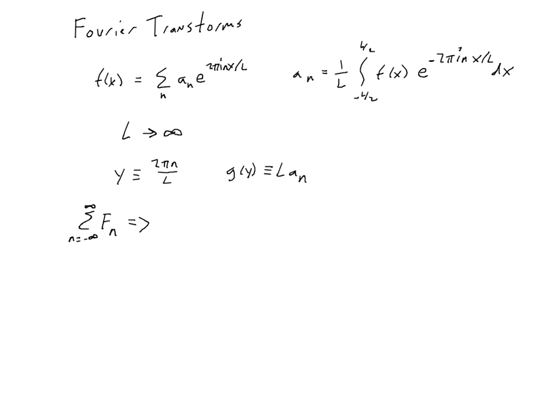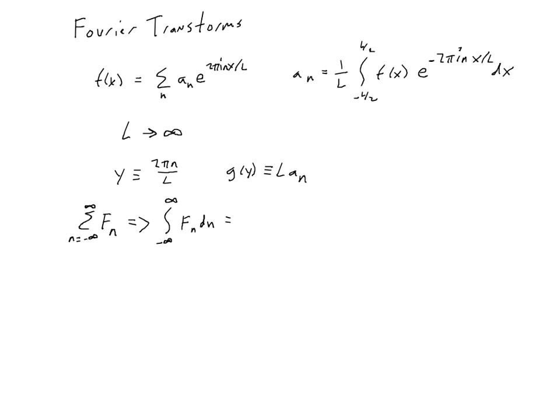If this sum becomes an integral, then we can rewrite it as the integral from minus infinity to infinity of f sub n dn. Now we're integrating over all the values of n.